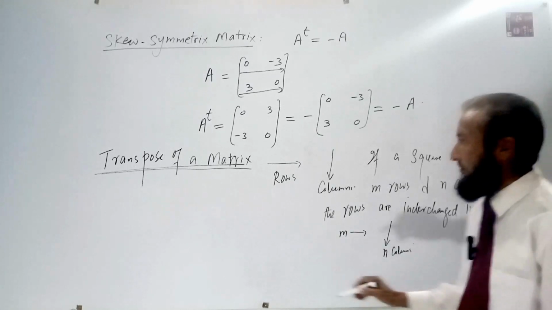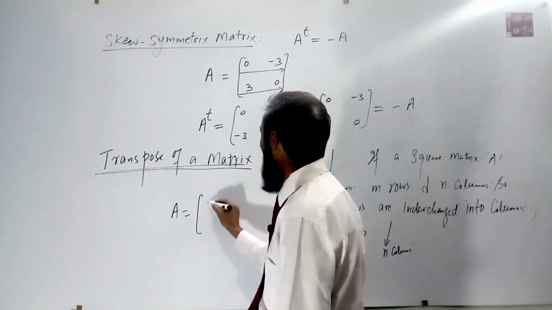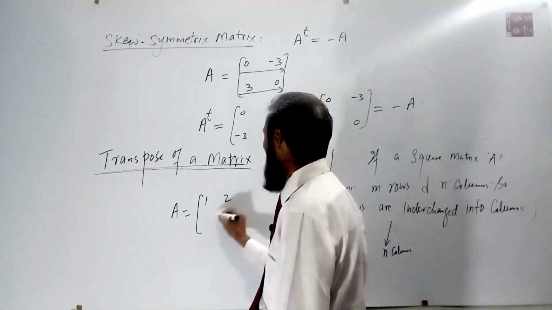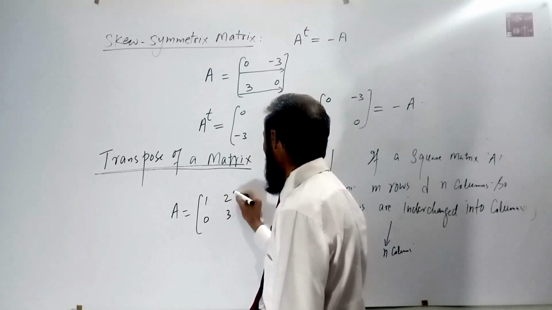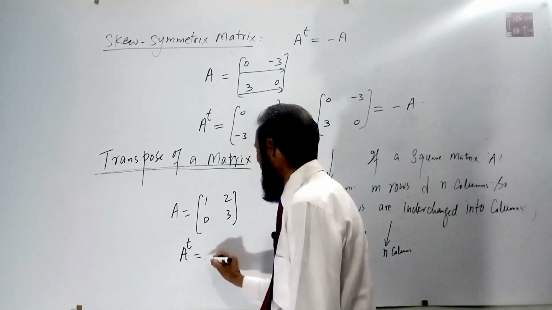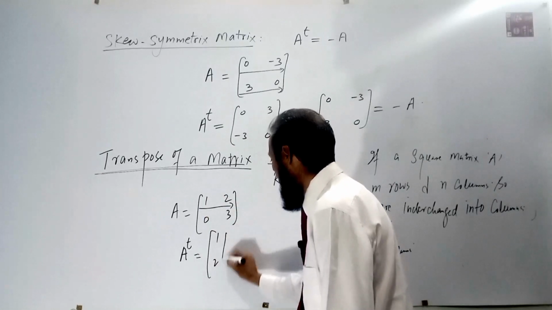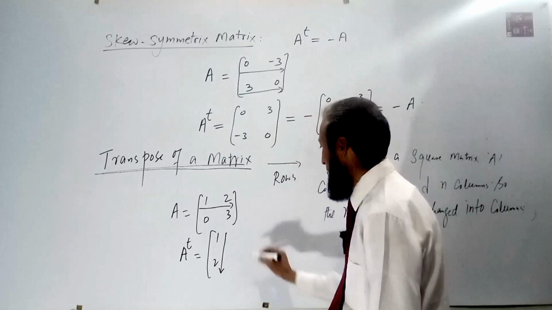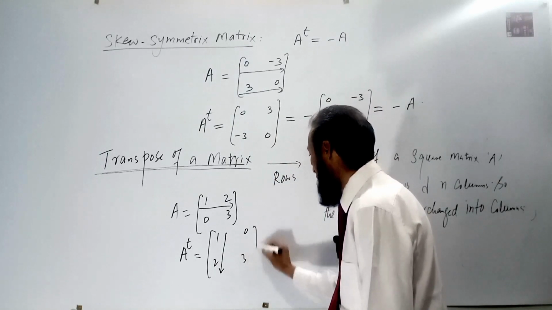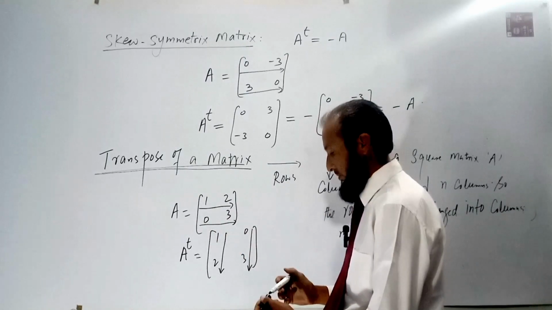For example, if A is any matrix, we write 1, 2, 0, 3. If we take the transpose of the matrix, the rows are changed into columns. Means that 1, 2 will be changed into column form, and 0, 3 is also changed into column form. Rows are changed into columns.